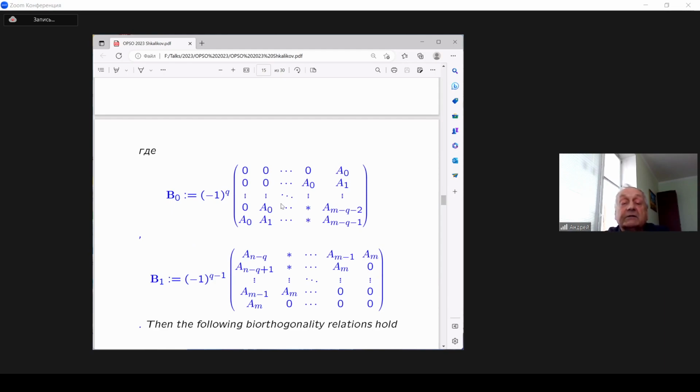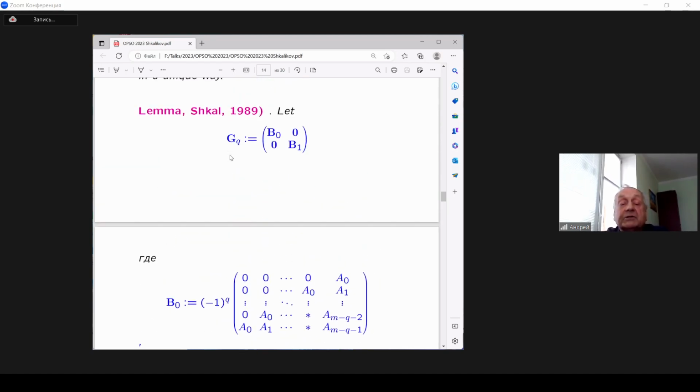You see, this has upper right diagonal form, and here the left diagonal form. Q is any number from 0 and so on to m minus 1.